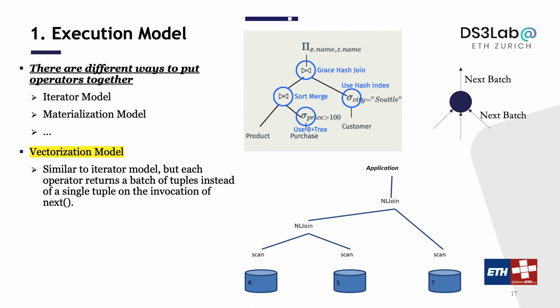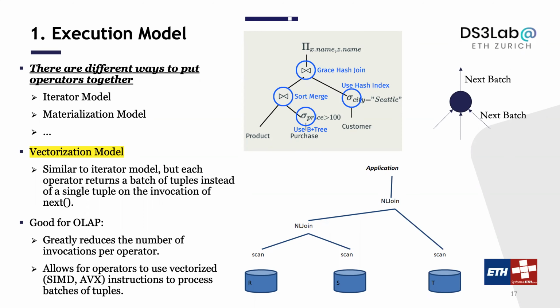You can think of this as a compromise between the iterator model and the materialization model. I give you more than one tuple, but I do not want to give you the whole relation back. So it's good for many things.